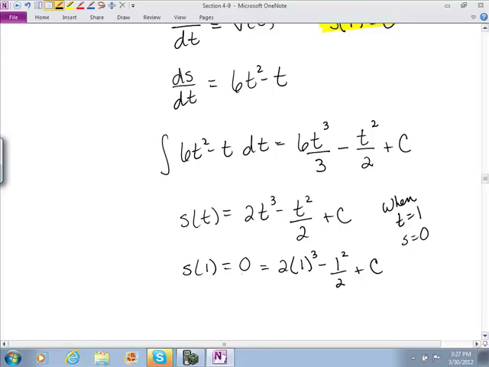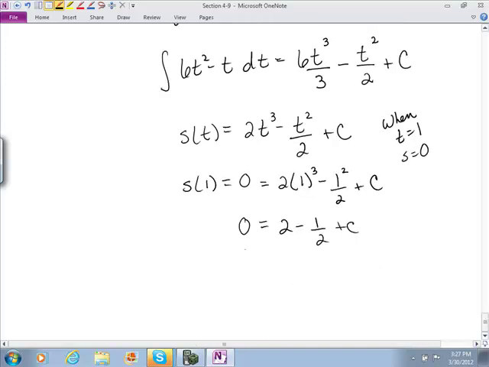So you put 0 in, you get 0 for s when you plug 1 in for t. Now I can just solve this. It's pretty easy. 0 equals 2 minus a half plus c. And so 0 is equal to 3 halves plus c. So c is equal to negative 3 halves.